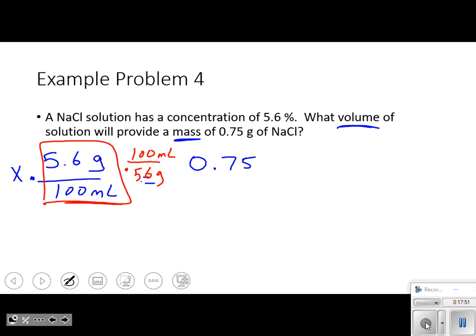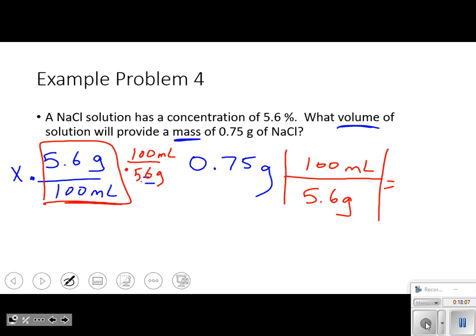Let me just do this a little bit different. Grams. I'm going to put my box in here, and I have that 100 mLs, and I have that 5.6 grams.